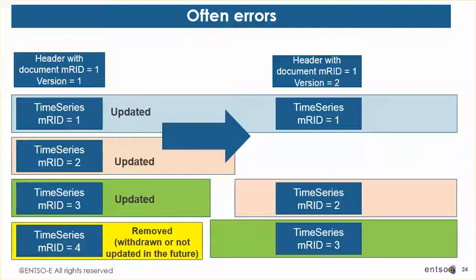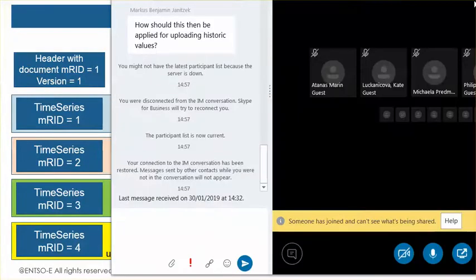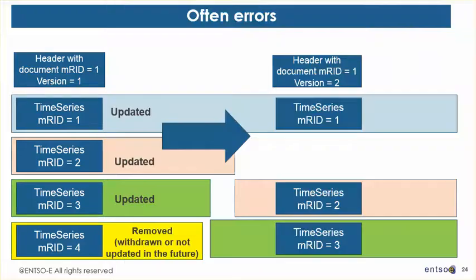And then you send something, for example, when we receive only 3 time series, but the second time series has information for the third time series of the previous version. What actually happens on the platform?